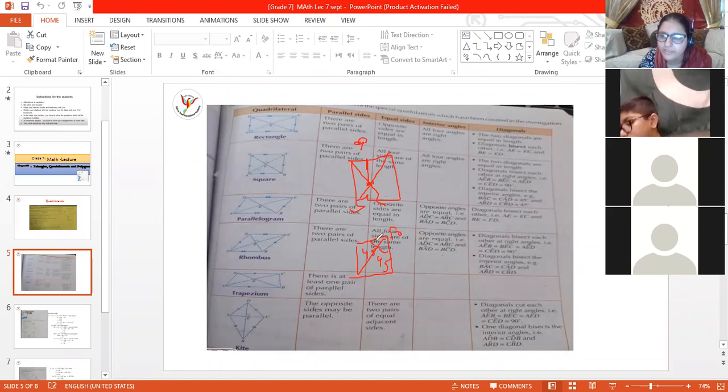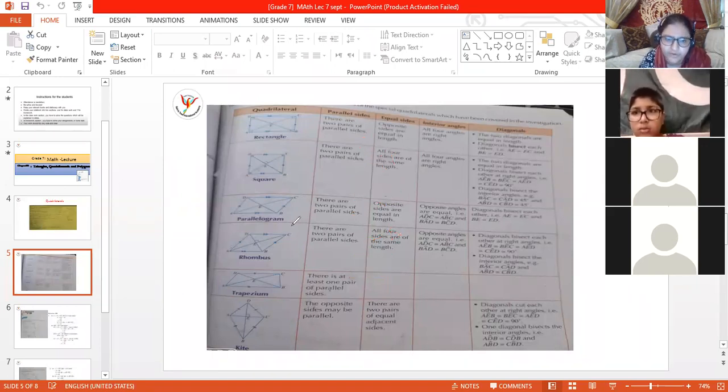You know this property, we have already learned this in exercise 10A: the total angle is 90 degrees and the diagonal intersects the angle in between, so the angle is divided into two. The 90 degrees is divided into two angles, which is 45 and 45, or maybe 30 and 60, maybe 40 and 50, maybe 20 and 10, right? So this is the second quadrilateral.